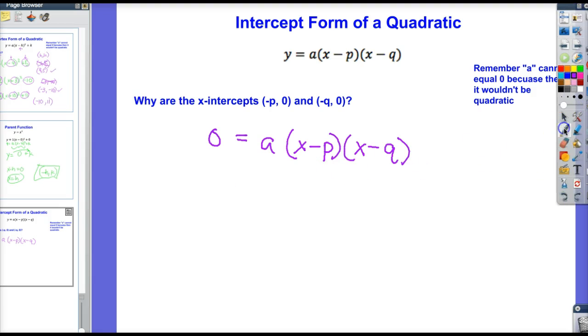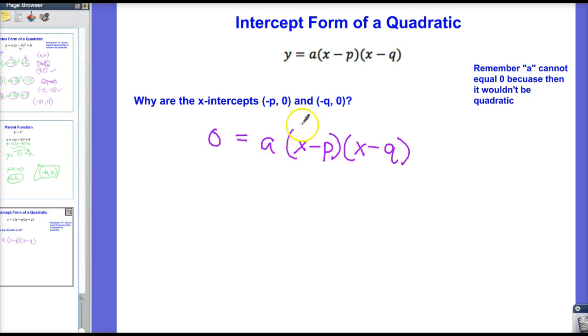So we know a can't be 0, but I have three things here multiplied together. So if 0 equals a times b times c, what do I know? I know that either one or all of these has to be 0. Because if a is 0, the whole thing's 0.